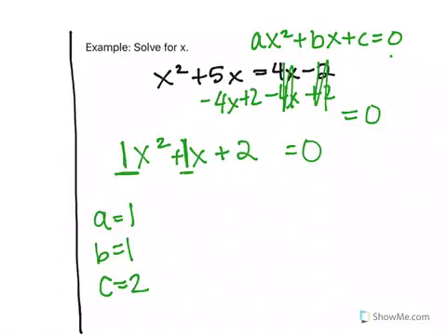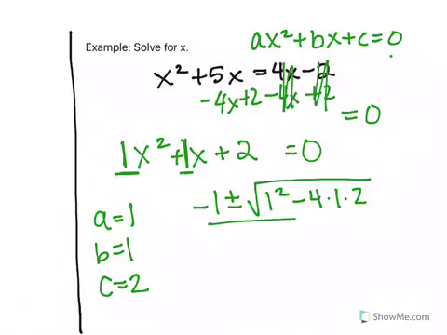Now let's plug those into the quadratic equation. Negative b, so negative 1, plus or minus the square root of b squared, so 1 squared, minus 4 times a, which is 1, times 2, which is c, all divided by 2 times a, which is 1. And we always want that x equals in front, so we know we're solving for x.